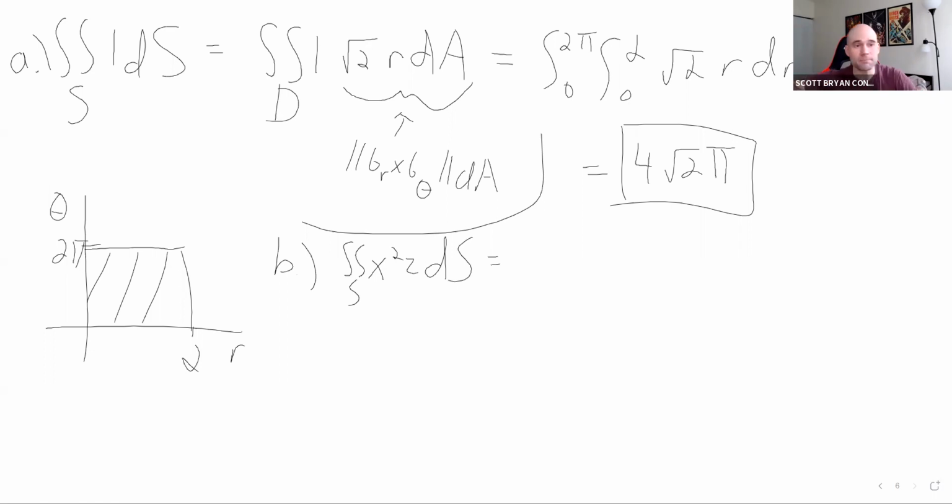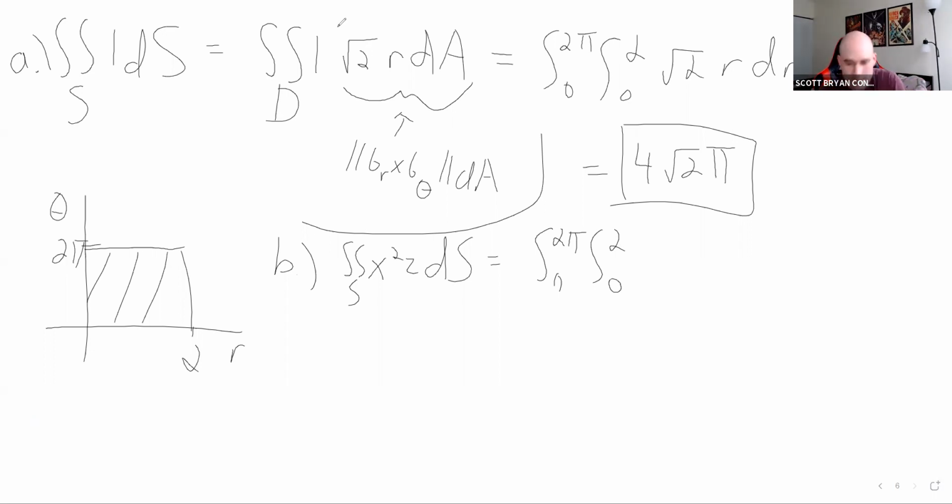So we do exactly the same thing. We're integrating the same thing, except now instead of integrating 1, we're integrating x squared z. So we need to replace x, y, and z in our function with the parameterizations. So remember, x is r cos theta, y is r sine theta, and z is r.